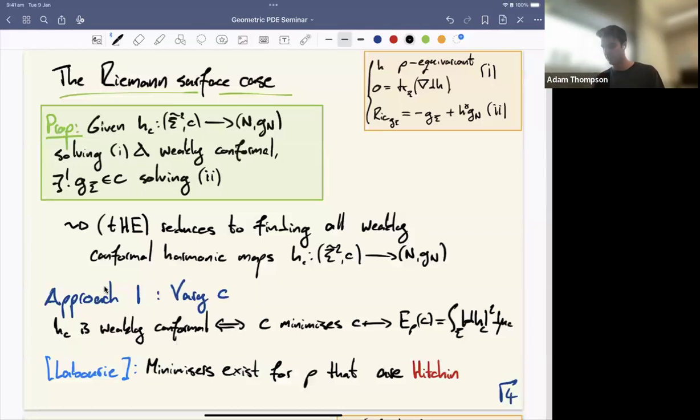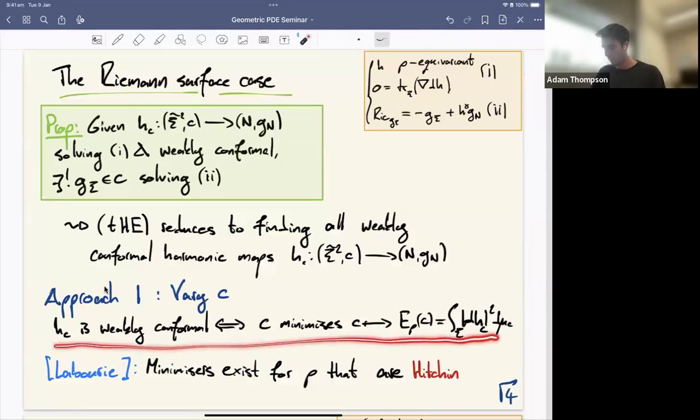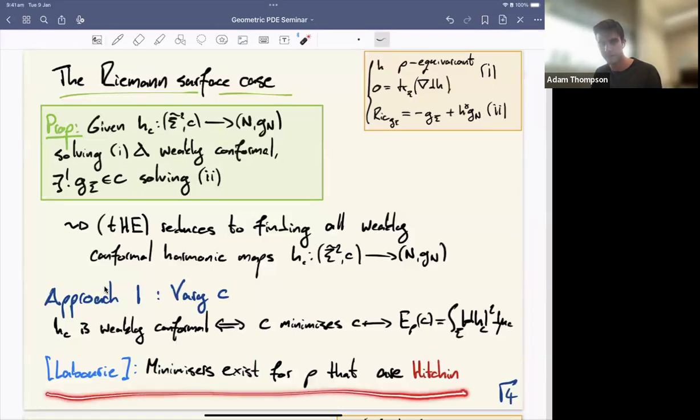And then I look at the energy of this harmonic map. And I think this result goes back to Schoen-Yau and Sacks-Uhlenbeck, that if C minimizes that, then it's harmonic and weakly conformal. And so in this direction, the result of François Labourie says that if this rho is something called a Hitchin representation, then such minimizers do in fact exist. Okay, so that gives us already plenty of examples there.